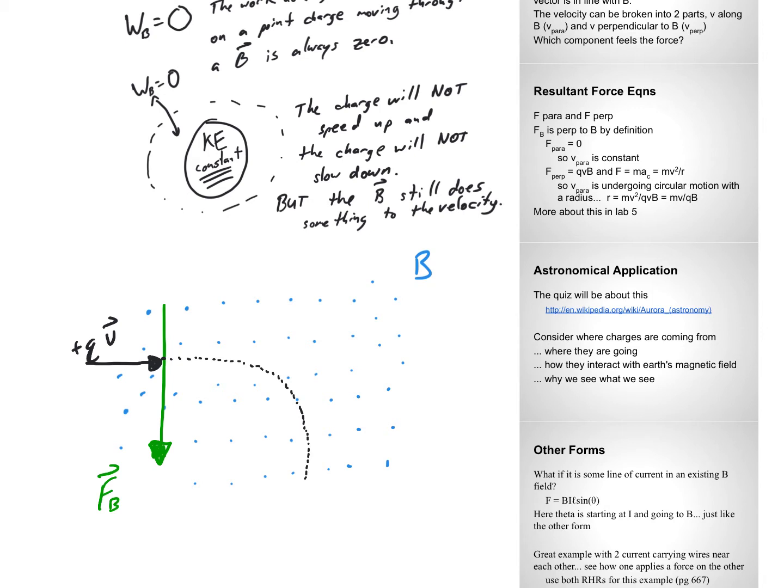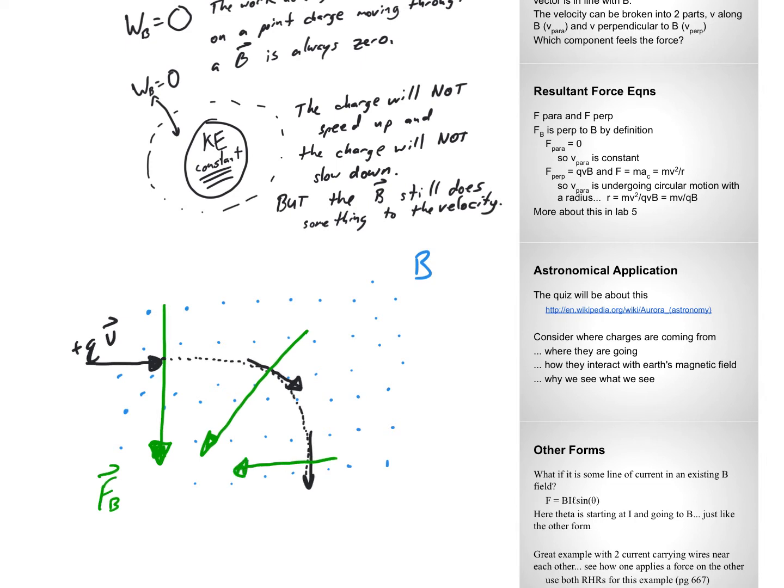Because once it starts turning a little bit, it has a velocity in this direction now. And when I do the right-hand rule again, I get a force in that direction. It keeps on turning, and the force continues to be perpendicular to that motion.